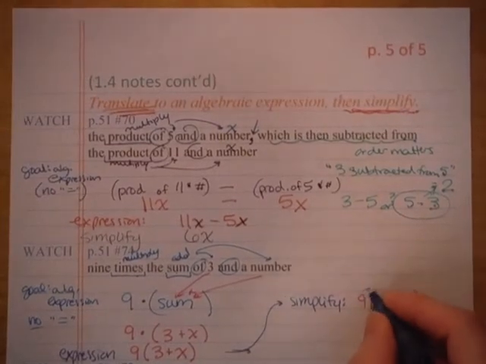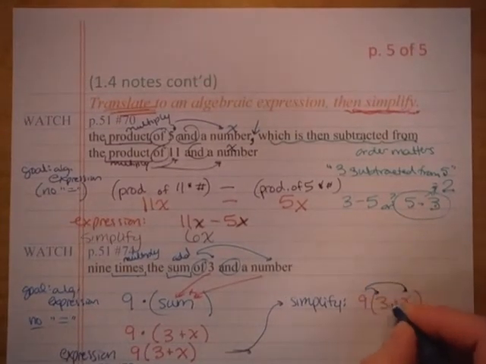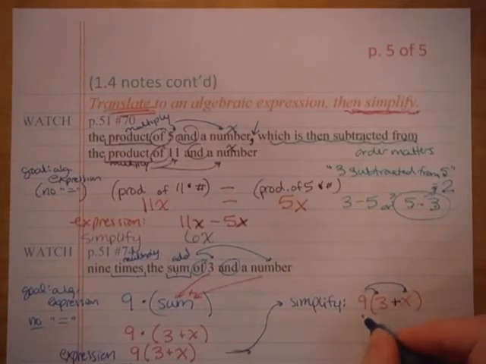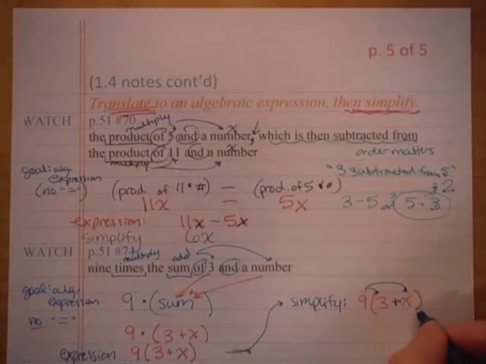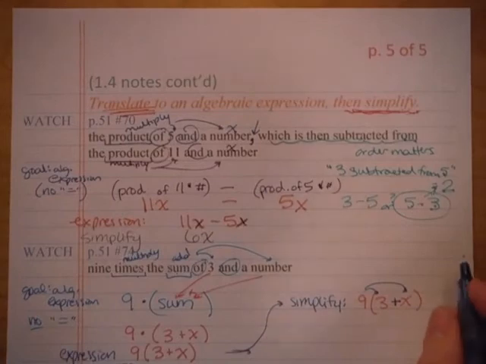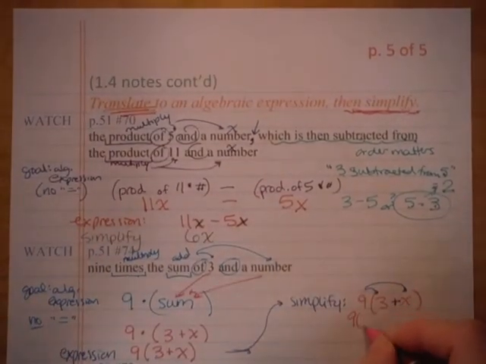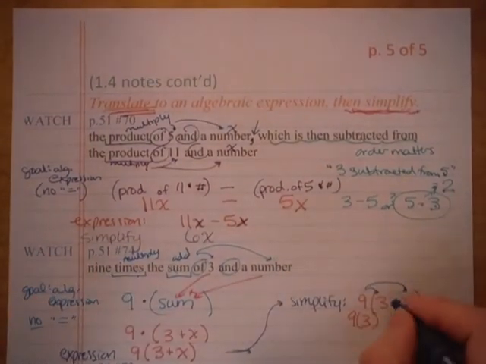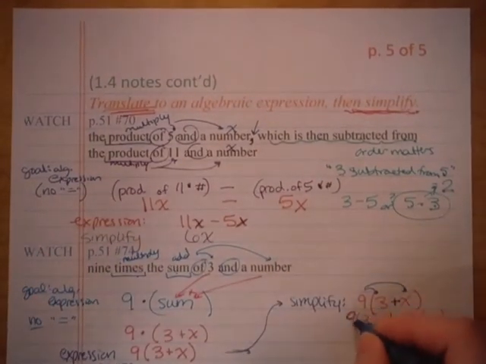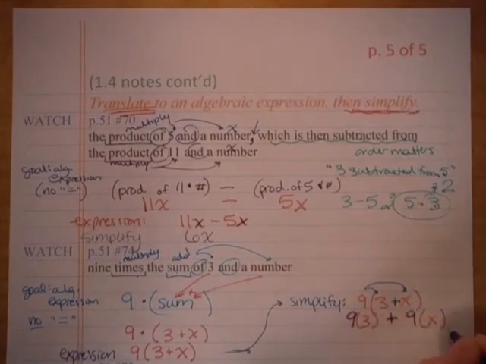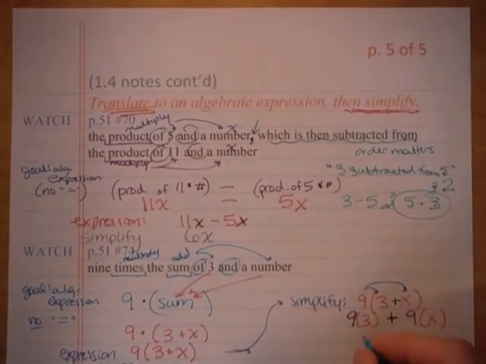In this case, we have the chance to do that by distributing the multiplication over the addition, which means we're going to multiply that 9 by both terms in the parentheses, and then combining any like terms. So it's going to be 9 times 3 plus 9 times x. That plus just comes straight down here. The 9 gets multiplied by both pieces, the 3 and the x. 9 times 3 is 27 plus 9x.